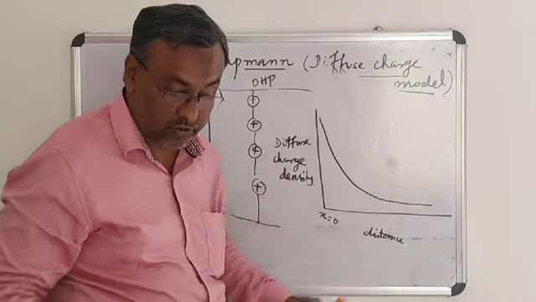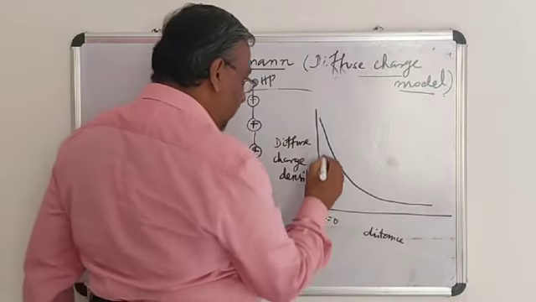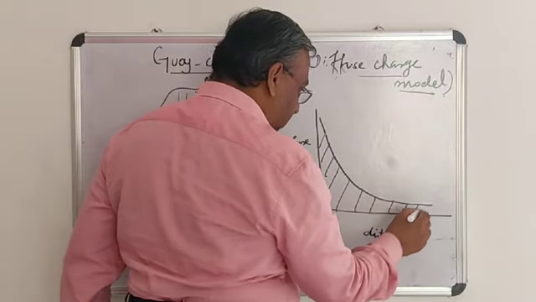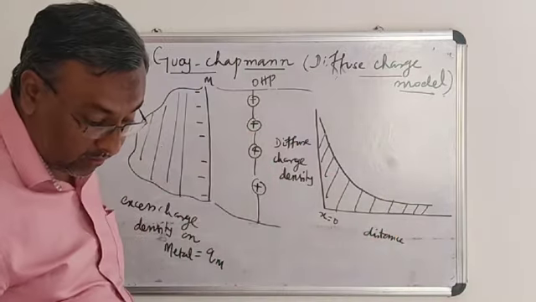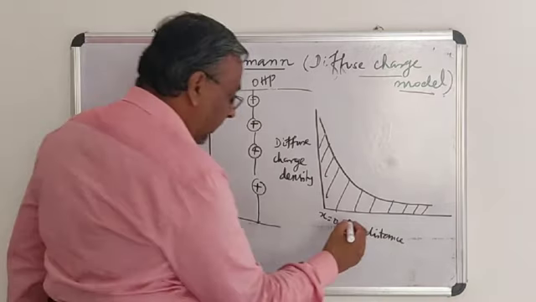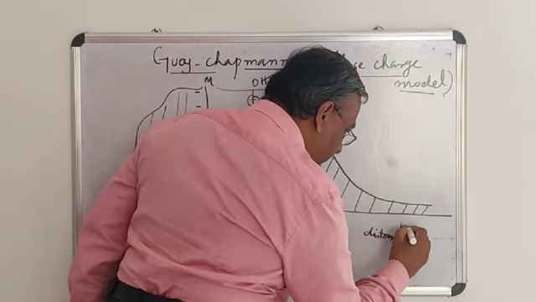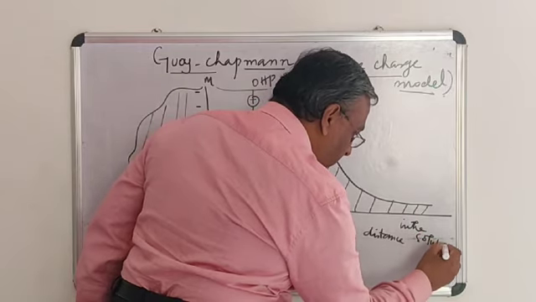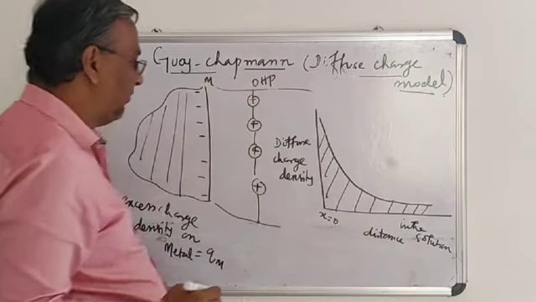That is what it shows. Okay, and the area under this curve shows the charge density in the solution. That is what this graph shows.